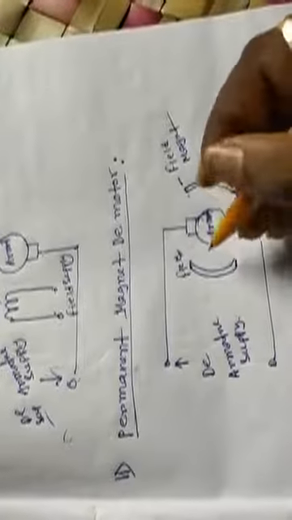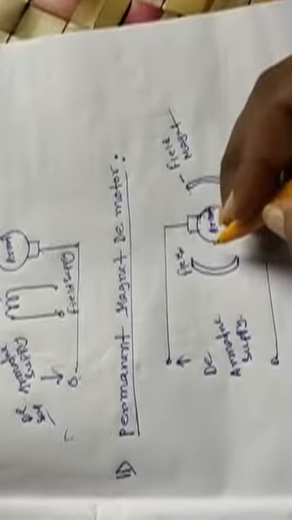A PMDC motor consists of an armature winding as in a usual motor, but does not necessarily contain a field winding.